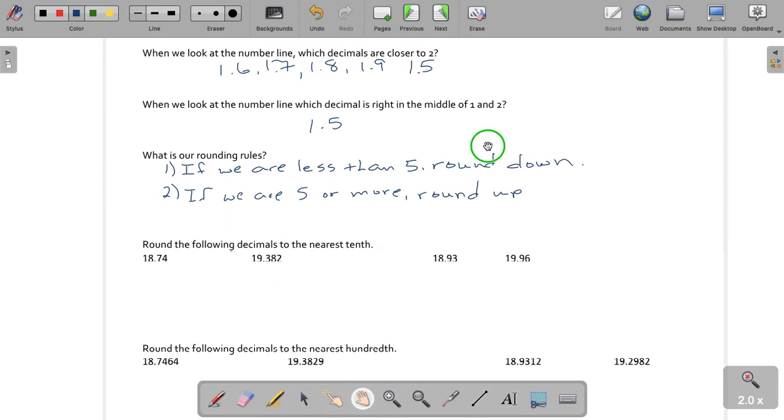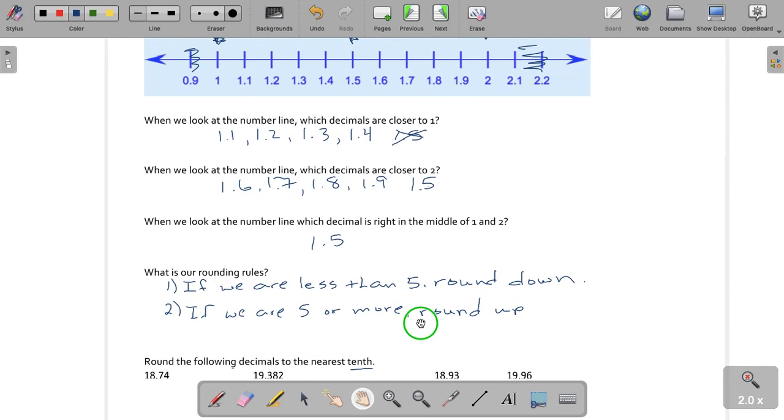So for instance, we want to round to the nearest tenth. That is what these are. These things are tenths. This number right there, if you remember, wait a minute, this number right there is 1 and 1/10.